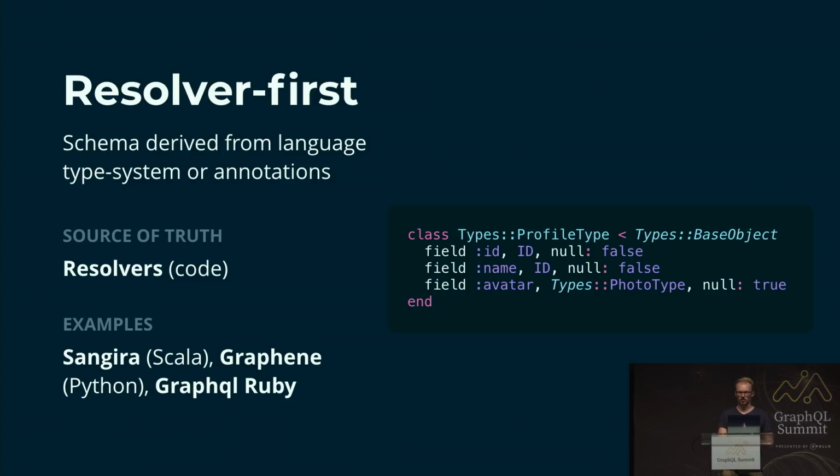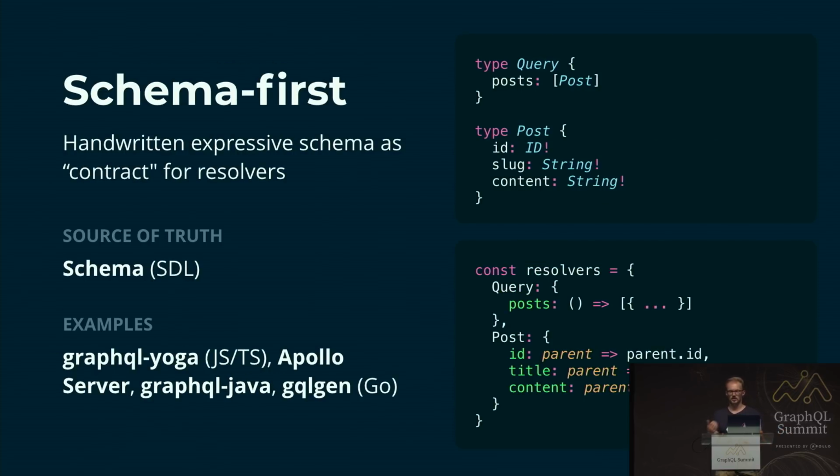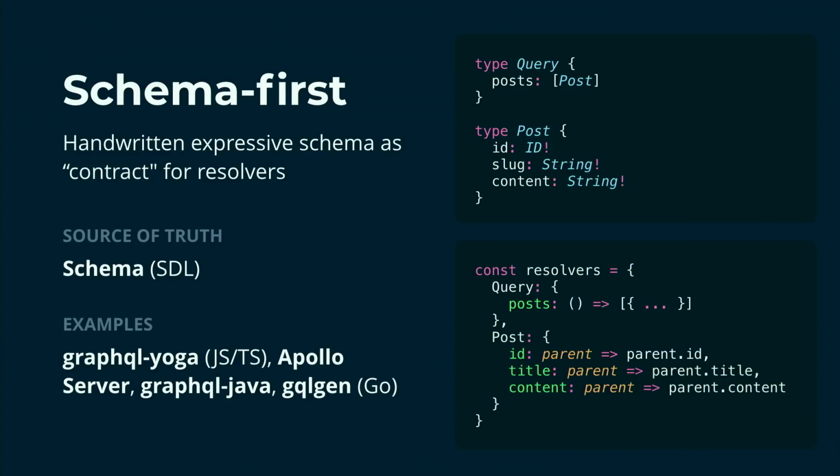The alternative to that, the schema-first approach, turns it the other way around. You first write your GraphQL schema definition using GraphQL SDL, and you use that as your contract to now implement your resolvers. This approach is very prominent in the JavaScript ecosystem, but also in Go, for example, with GQL Gen.